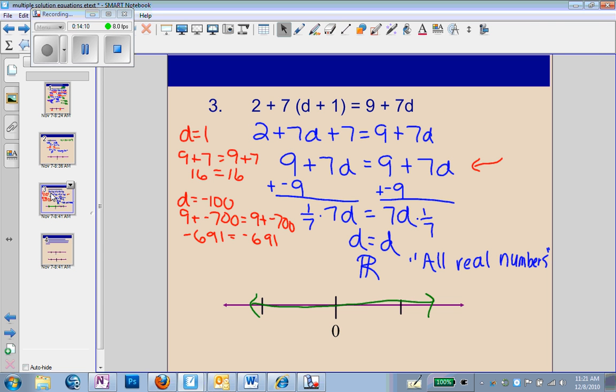And we've seen that when the two sides are equal to each other, that means an infinite number of numbers could make it a true statement, so all real numbers work. And the way we graph that is we put a line directly on top of the number line, with arrows in both directions.